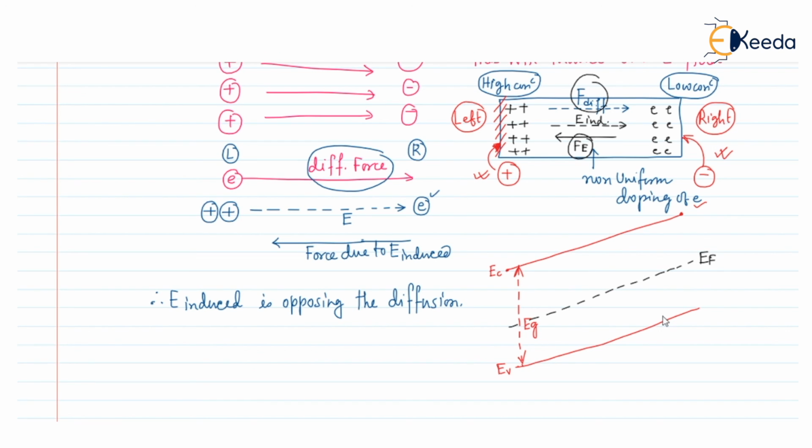So this is the intrinsic Fermi level, and we can say the Fermi level of this n-type will look like this. This is the Fermi level of the n-type, and this is the total band diagram of the semiconductor that is non-uniformly doped with the donor ions, and this is the X direction. So this is all about the non-uniform doping case in a semiconductor. Thank you.